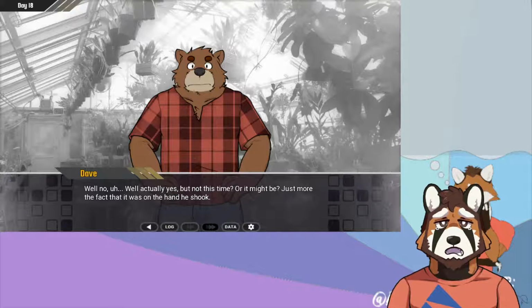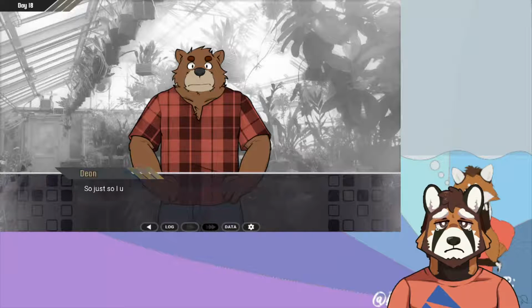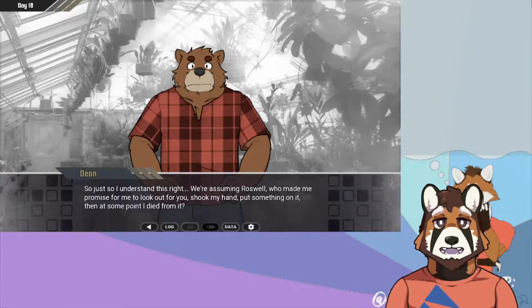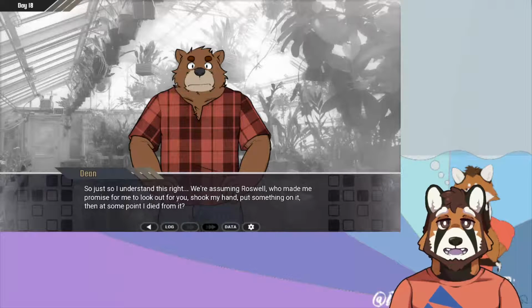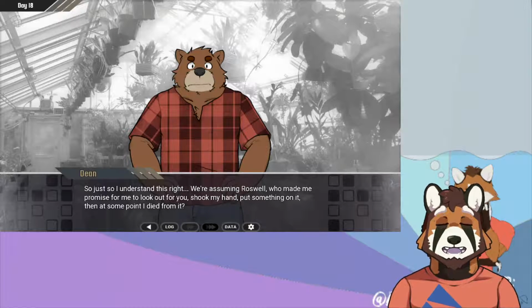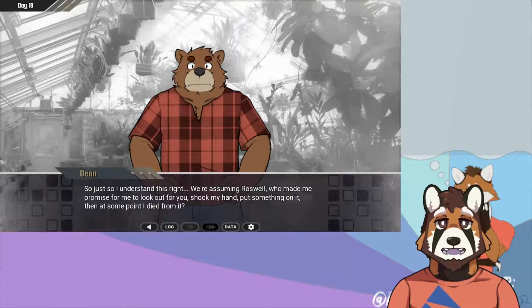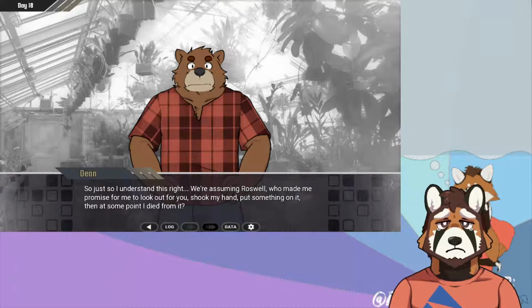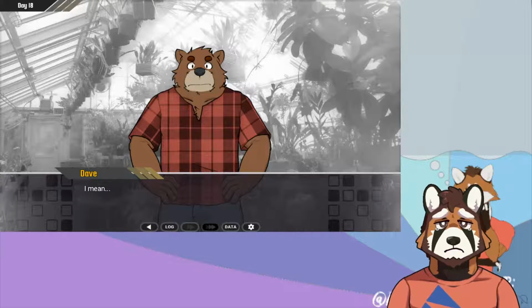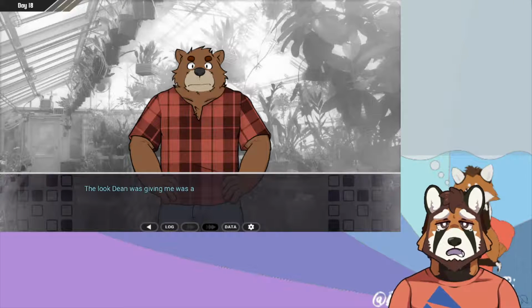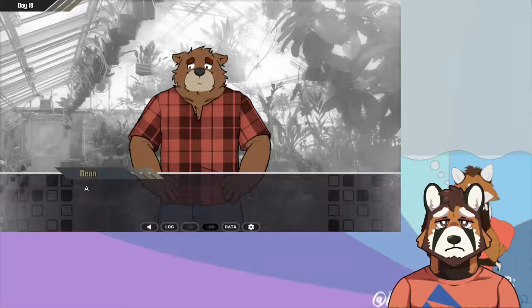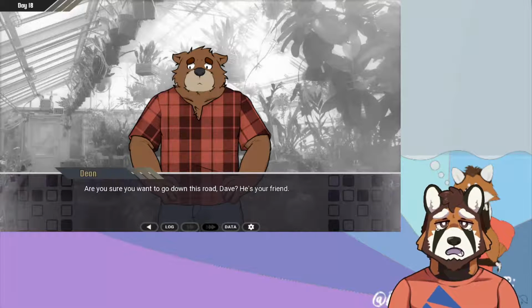Just the fact that it was on the hand he shook. So, just as I understand this right, we're assuming Roswell, who made me promise to look out for you, shook my hand, put something in it, then at some point I died from it? I mean, the look Dean was giving me was a mix of worry and concern. Are you sure you want to go down this road, Dave?